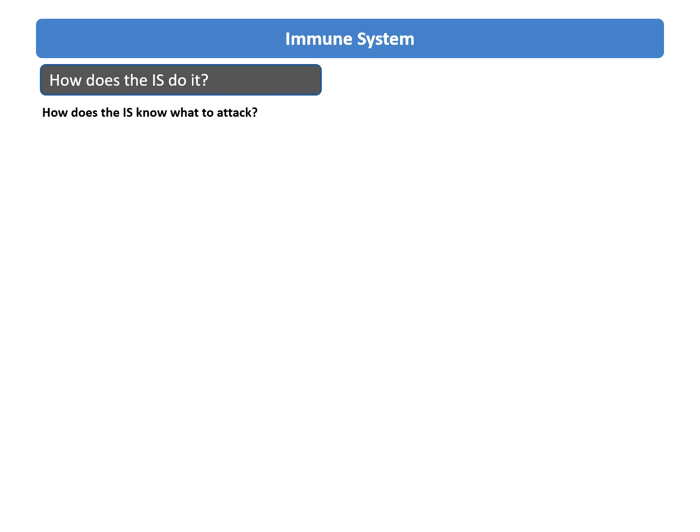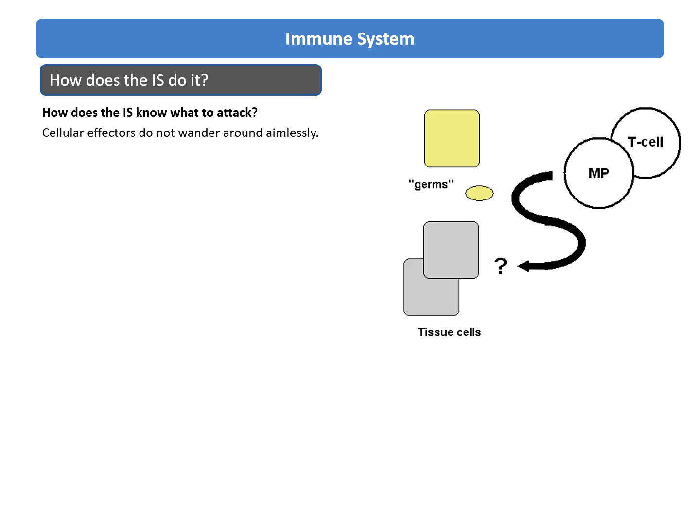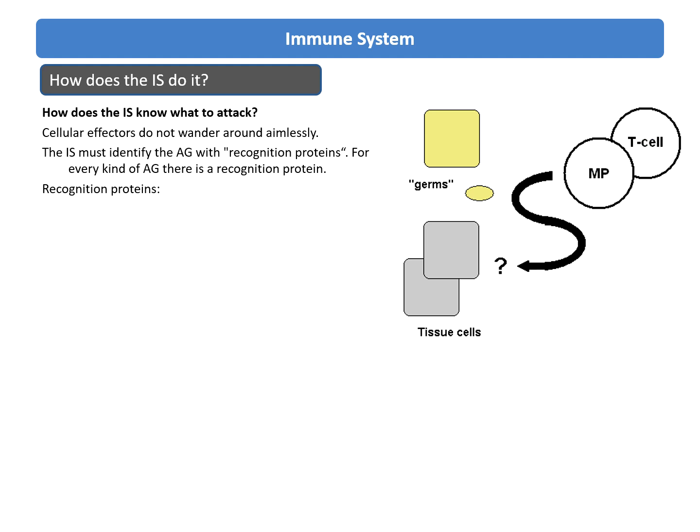How does the immune system know what to attack? Cellular effectors don't simply wander around aimlessly. The immune system must be able to identify the antigen, and it uses what I call recognition proteins. For every kind of antigen, there is a different recognition protein. Recognition proteins are complementary to the antigen.